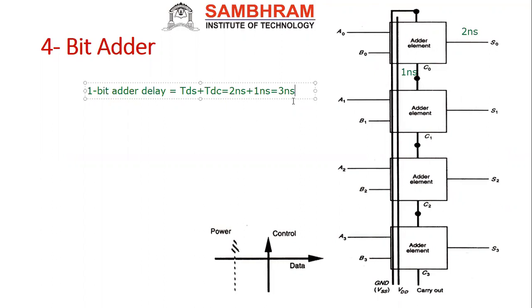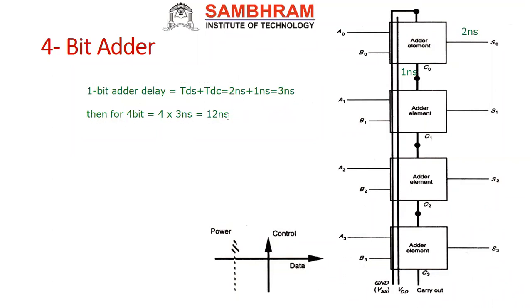Now if it is a 4-bit adder, how much delay is required for 4 bits? There are 4 adders, so 4 into 3 nanosecond, totally 12 nanosecond is required.